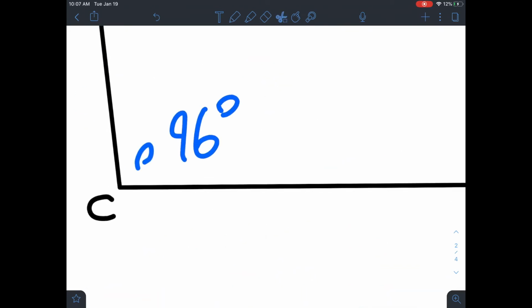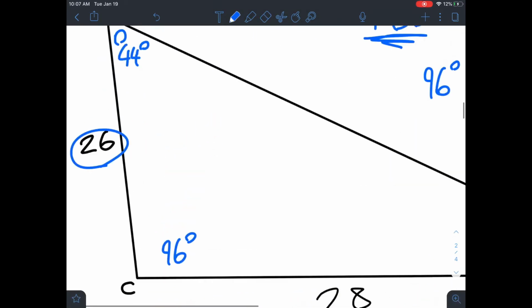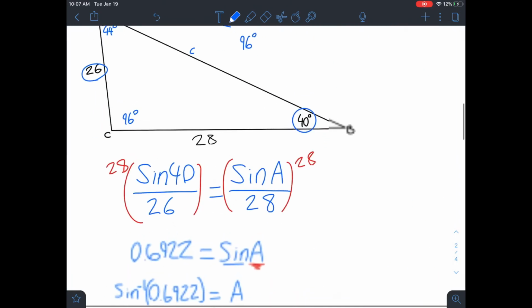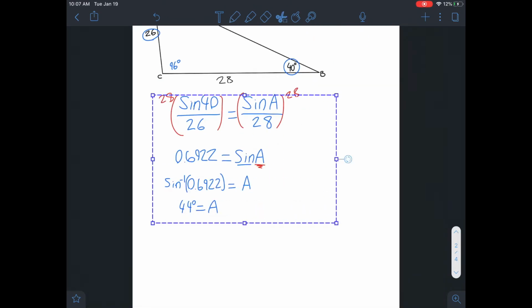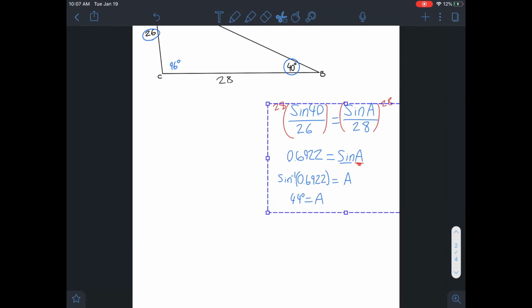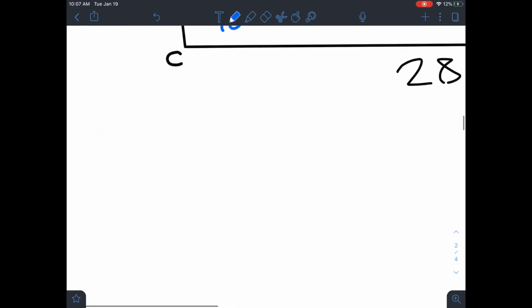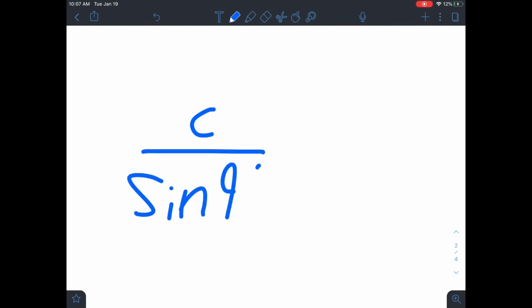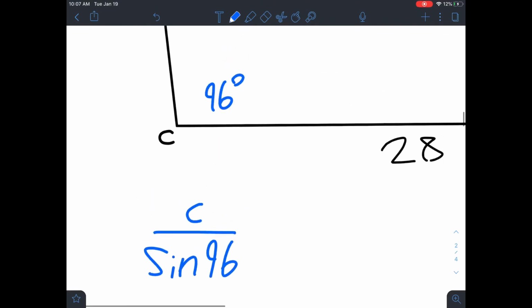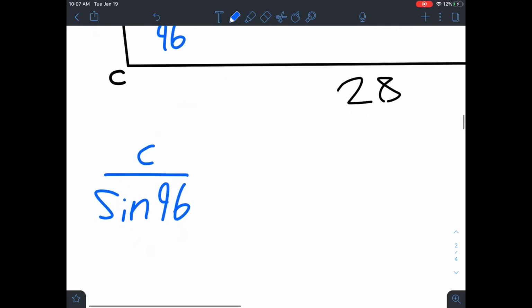We can finally solve for lowercase c. Now, this is where the equation changes a tiny bit. It only changes in a minor way. So we're going to have to write c, lowercase c, above sine 96. So all you need to do is write the side above the angle.